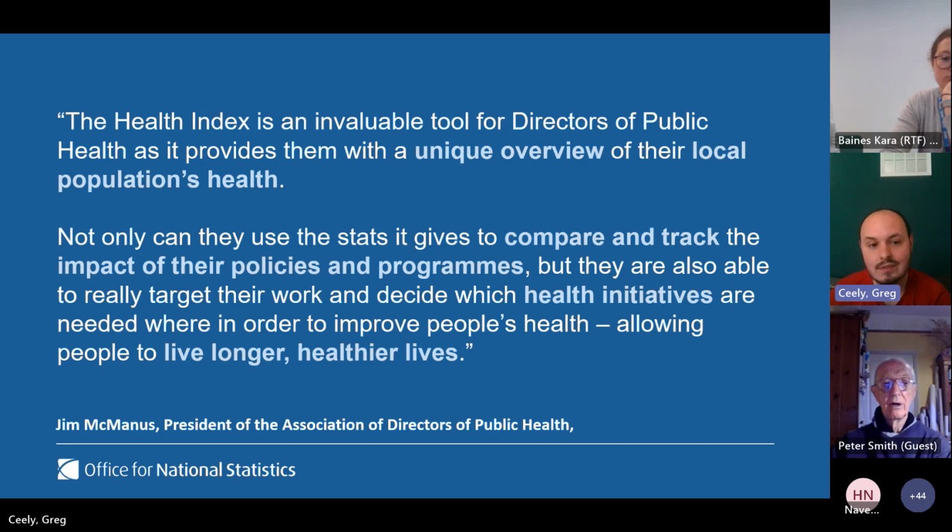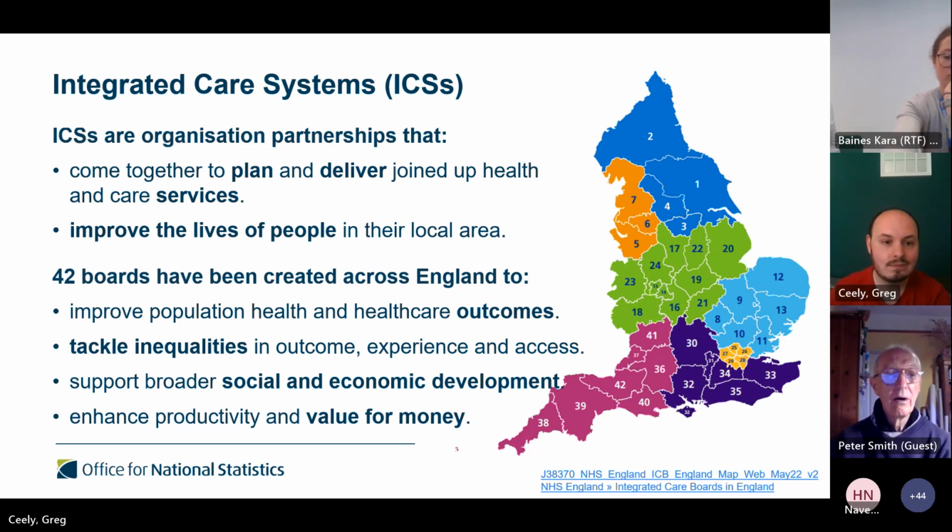While throughout a lot of this, I've been talking about health for England and variation across England, we could similarly have been talking about a region, an ICS, a combined authority or local authority, because of the Health Index's flexibility to look at health at all of these different levels. And this slide is less for presentation here, but more for people's reference.